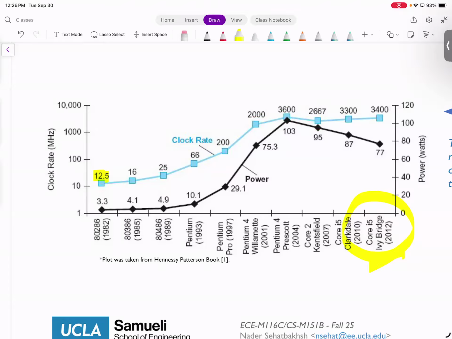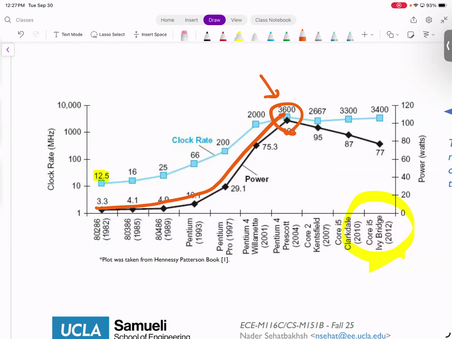Another interesting thing is looking at the power. The story of power is somewhat strange. We start flat and then suddenly rise. This was an important point in history where we created so much power that at some point the chip became so hot that we couldn't go further. This was early 2000.